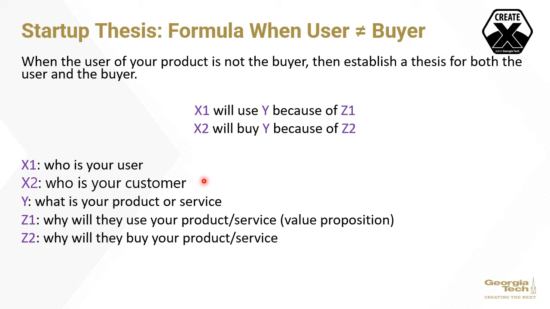So those are two different things. And there's going to be a different proposition. Why would employees use the product? And then why would the company, the people in purchasing, buy the product?